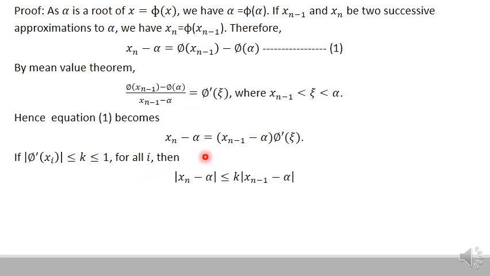Then modulus value of this will be mod xn minus alpha less than or equal to k into modulus xn minus 1 minus alpha.